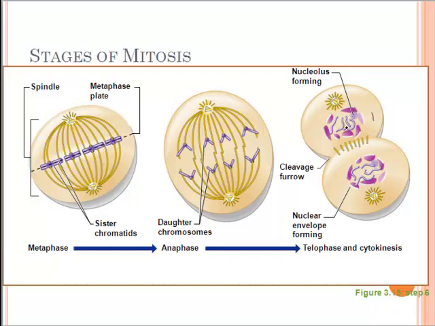And so in telophase, these chromosomes are going to decondense back to chromatin. Also, the spindle fibers formed in prophase. So in telophase, the spindle fibers are going to disappear. And then also in prophase, the nucleus disintegrated, fragmented. So in telophase, the nucleus is going to reform.